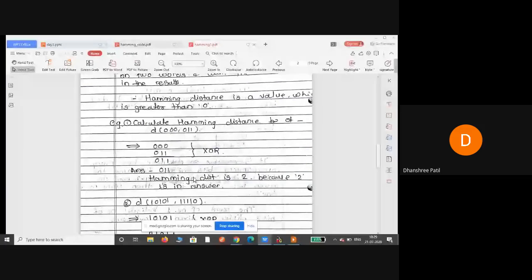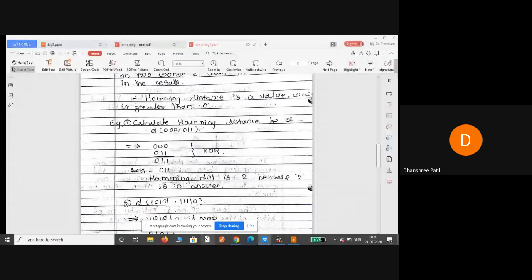It means that in these two code words, two bits are different, or these two bits are changed. Now, how to correct which bits have changed is another part, which is an algorithm ahead. So what is the Hamming distance? It is 2, because two ones are present here. That is the Hamming distance.